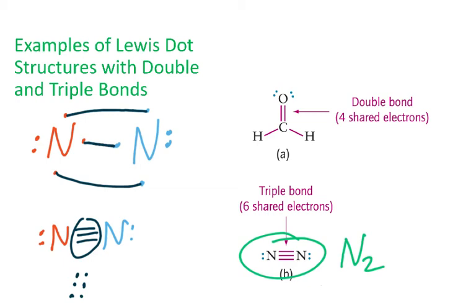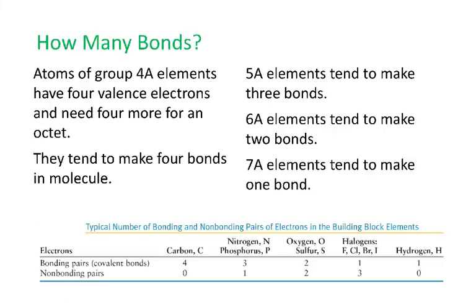So nitrogen is still happy, got 8 electrons around each one. 6 of them are being shared, and each has 1 non-bonding pair, which is again what we expect, right?